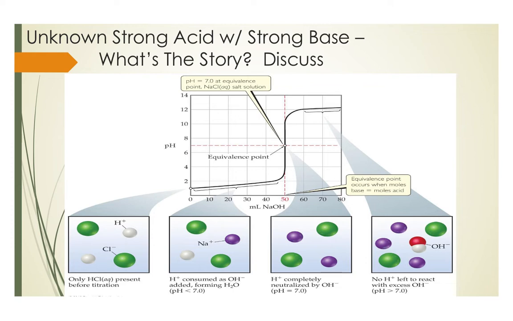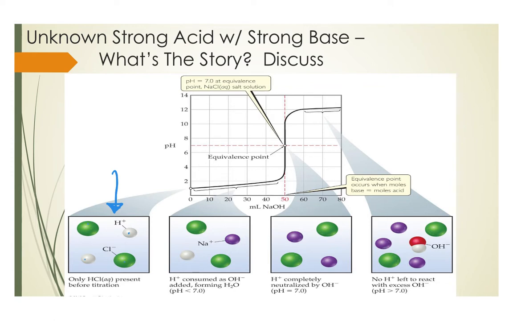Okay, so one way to think about this is, since we're talking about strong acids and strong bases, we've got full dissociation, right? So when I first put my unknown strong acid, let's say it's hydrochloric acid, into the solution in the flask, we have hydrogen ions and chloride ions. That's all we've got.